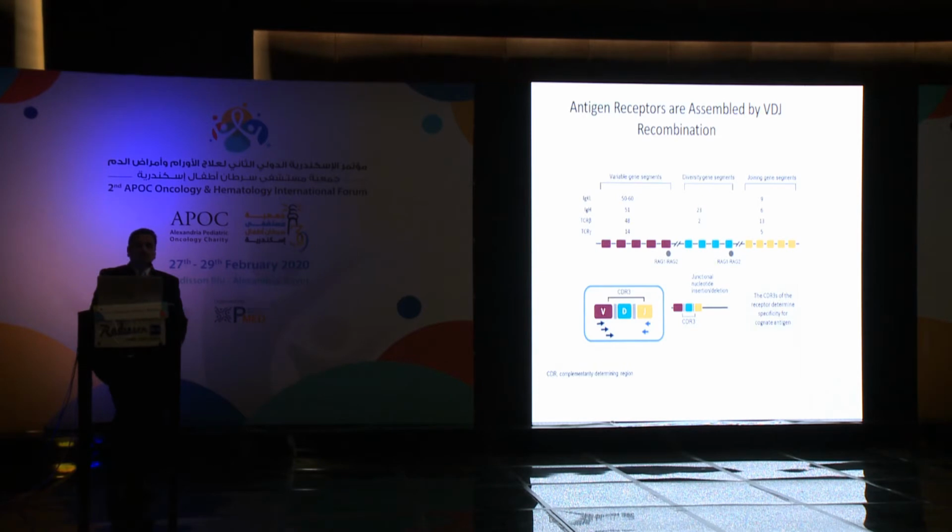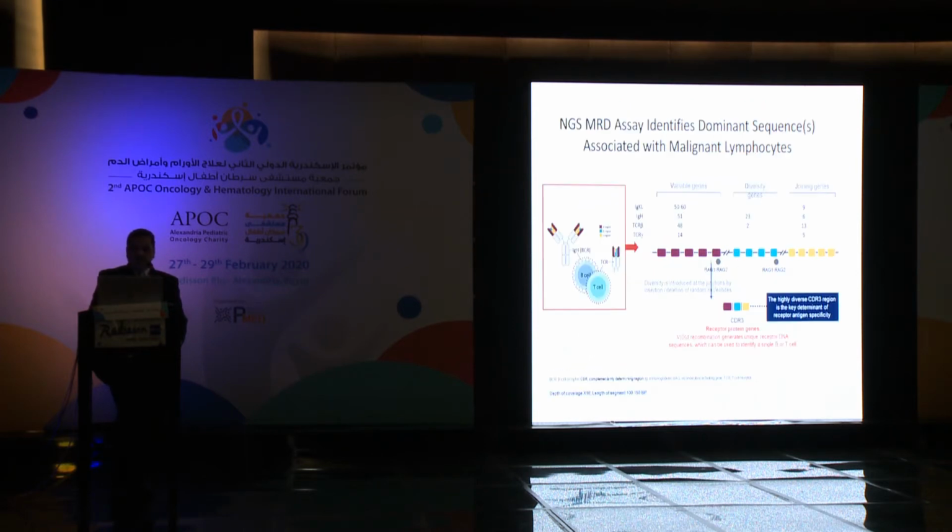I want to bring to your attention the antigen receptors, which are assembled by the VDJ recombination, and I want you to focus specifically on an area called the CDR3 region, which basically encodes the receptor protein genes. The VDJ recombination generates a unique receptor DNA sequence, which can be used to identify a single B or T cell receptor.